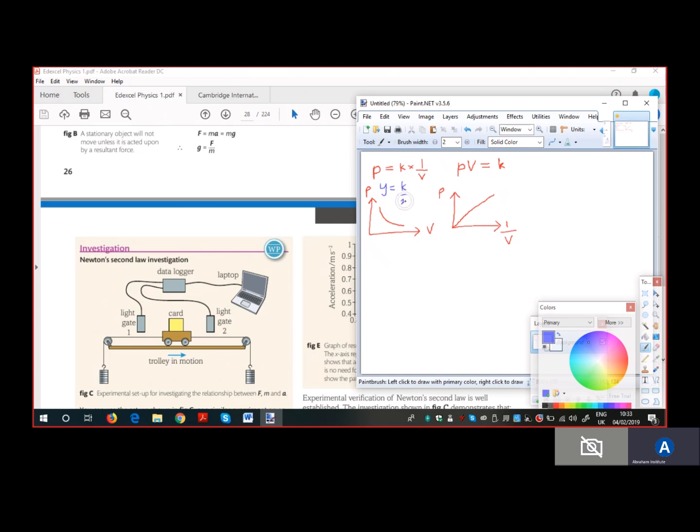If you are learning mathematics, you would have come across this graph, y equals 1 over x, or y equals a constant over x. It will be this one, and it is on this side also. So you will have something like this.